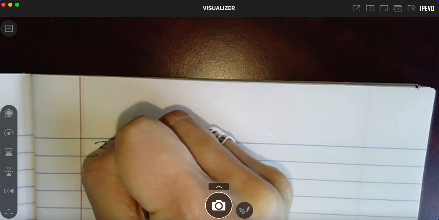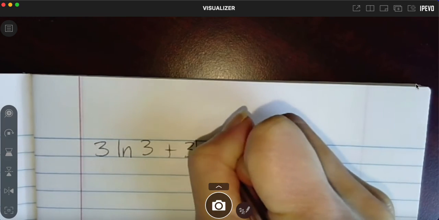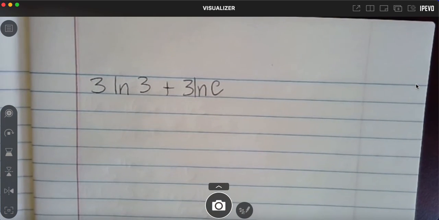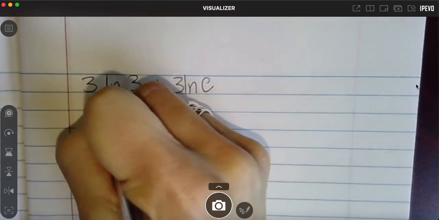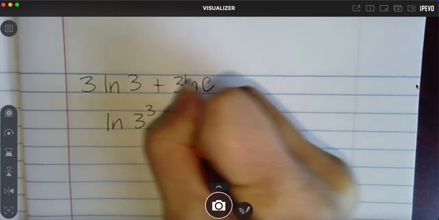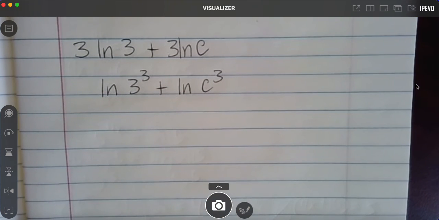3 natural log of 3 plus 3 natural log of c. Write it as a single natural logarithm. So it's 3 to the third, because I move it to the exponent, right? And c to the third. Then what do you do to combine them?